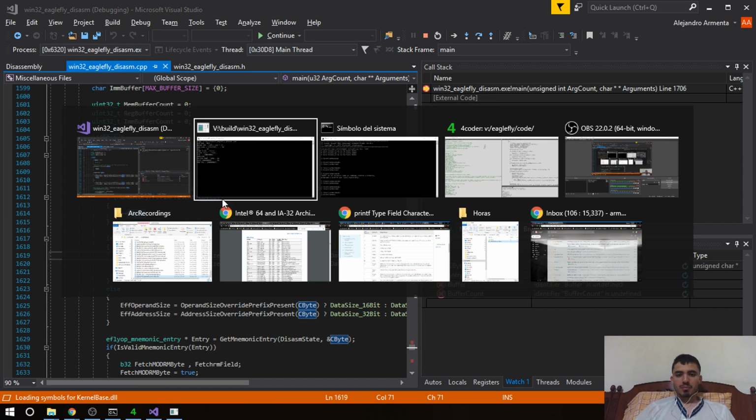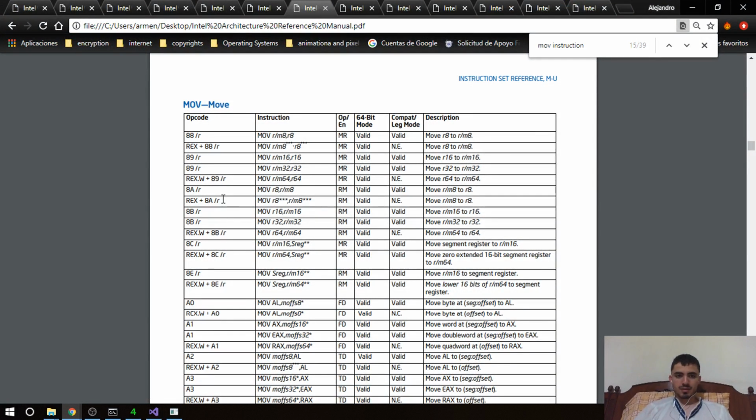But before doing that, I would like to go back into the ISO, and if you see here, the one that we disassembled was this one, REX.W 89 /r. So we disassembled this instruction, which is not valid in compatibility legacy mode.